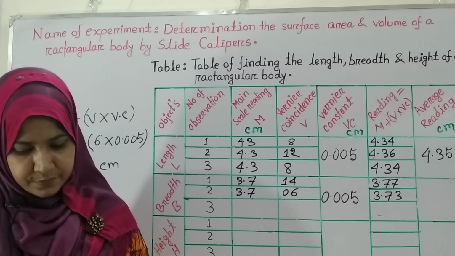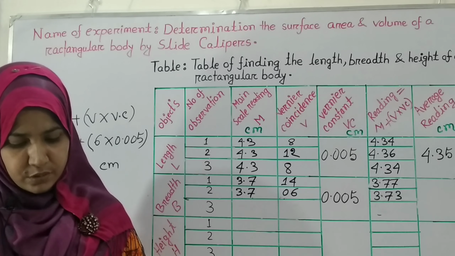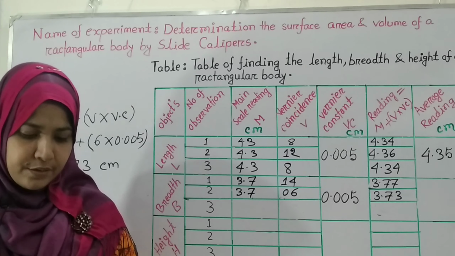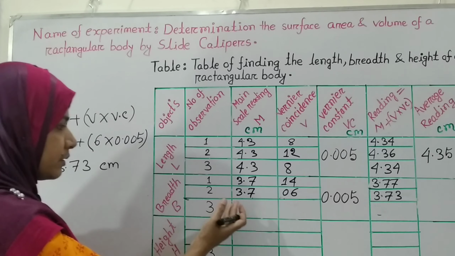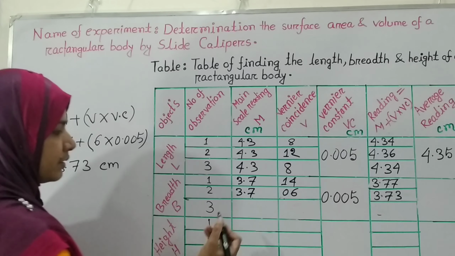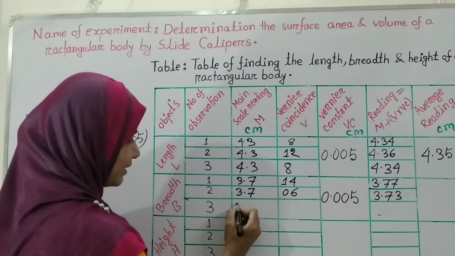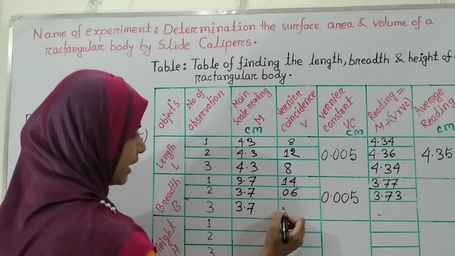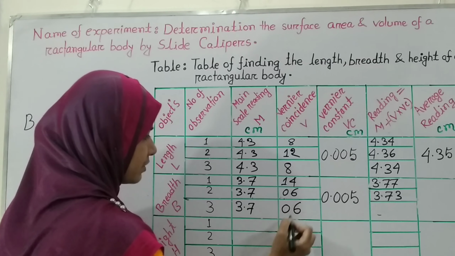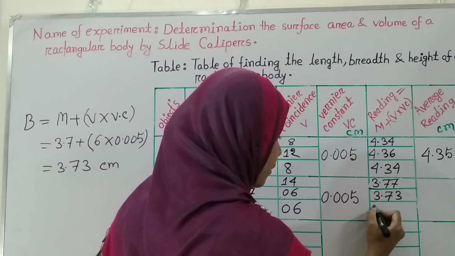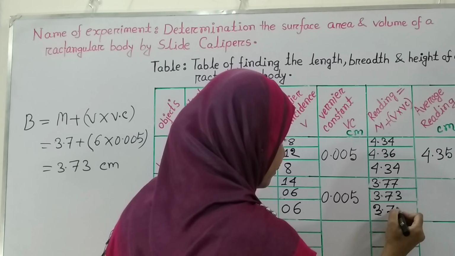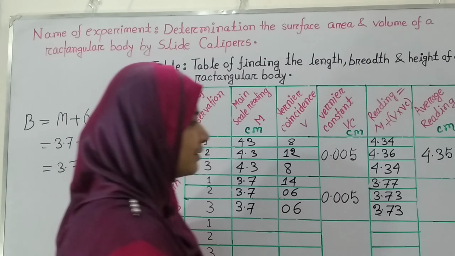This time, the value of main scale reading and vernier coincidence remain constant as in the second reading. That means the main scale reading is 3.7 and the vernier coincidence is 6. So the value of breadth will be 3.73 once again.